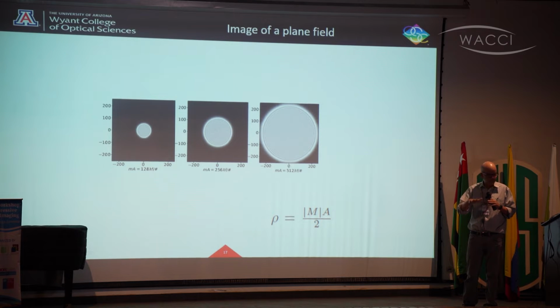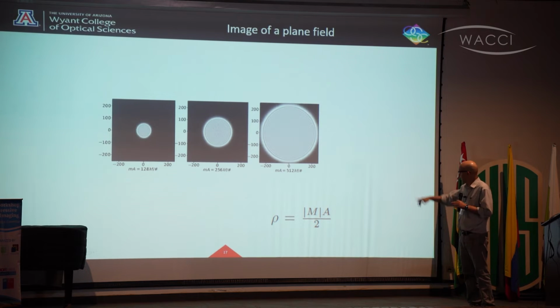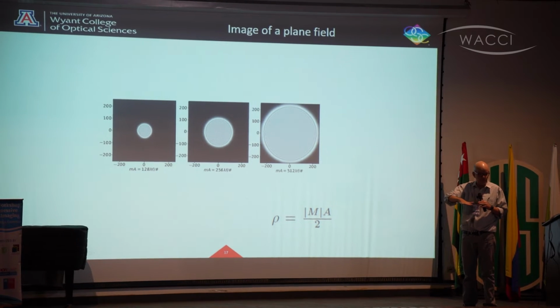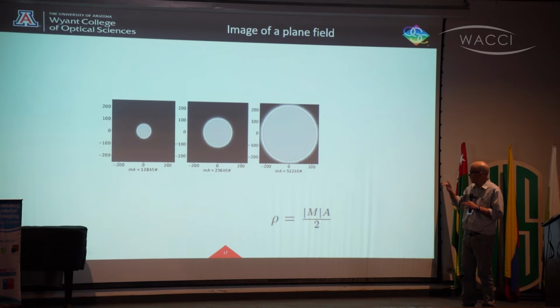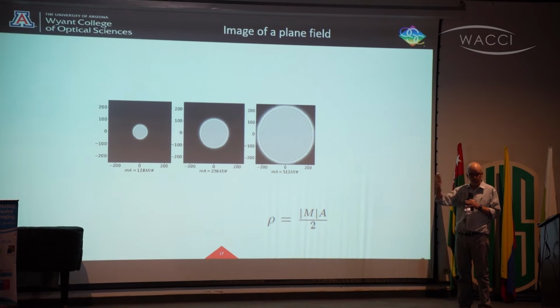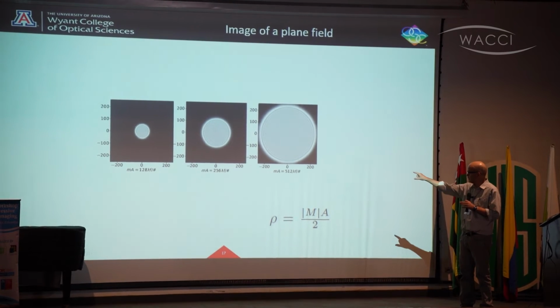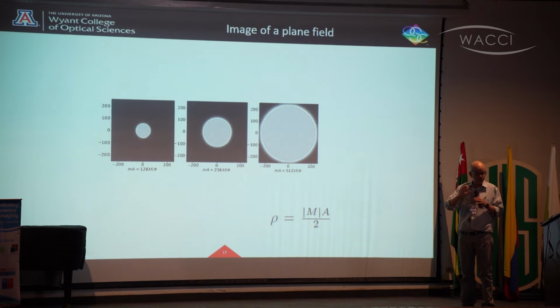Then those quadratic phase terms turn out not to matter, and you would see a uniform field. If you have a microscope slide with uniform illumination, you're going to see uniform. But if the magnification is small, like in a remote sensing system, you're going to see a disk that's proportional to the magnification times the aperture.